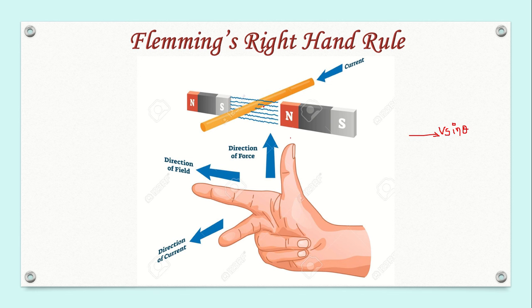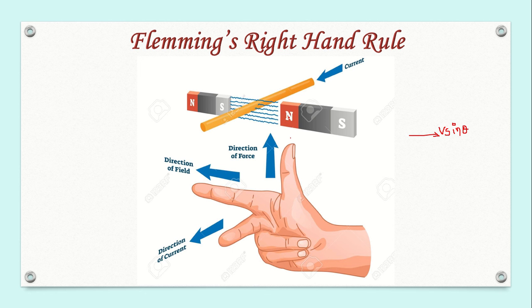So here in this diagram, suppose we are moving this conductor up and down. In this particular case, we are going to move the conductor upwards. That is why we are placing the thumb pointing in the upward direction.